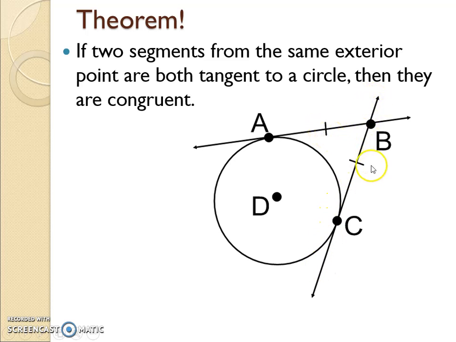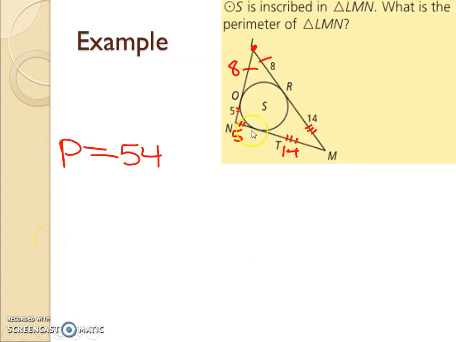That's why I did the congruent marks. So basically, these lines are congruent because they're both from an exterior point and they're both tangent to a circle because they're perpendicular to the radius. Let's look at this example.